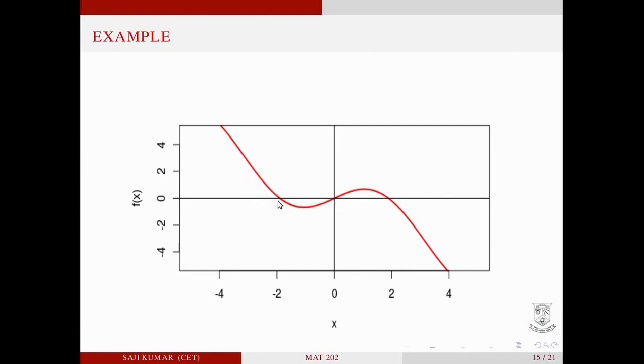To the left of the first crossing point, the function values are positive, and to the right of that point, the function values are negative. Similarly, at x is equal to 0, there is a root. To the left of x is equal to 0, function values are negative, and to the right of x is equal to 0, function values are positive. Similarly, in the neighborhood of the third crossing point also, to the left function values are positive, to the right function values are negative.